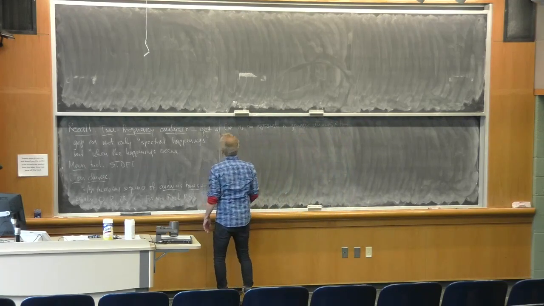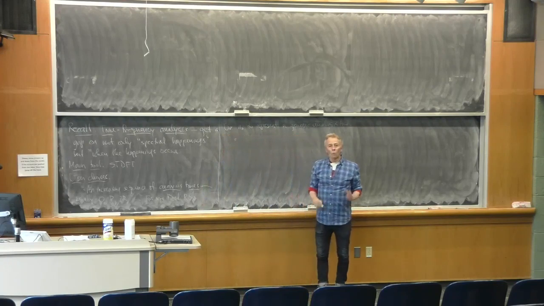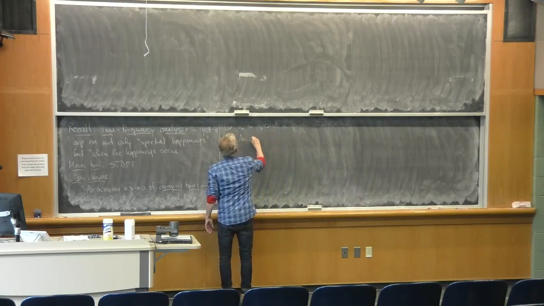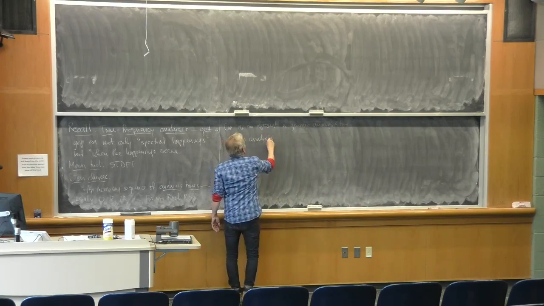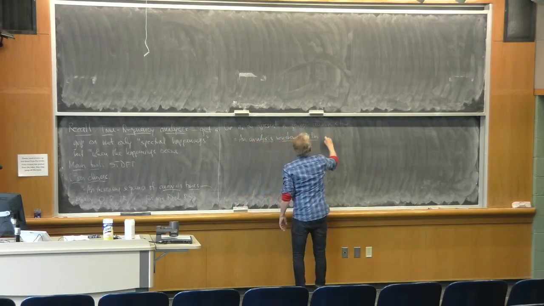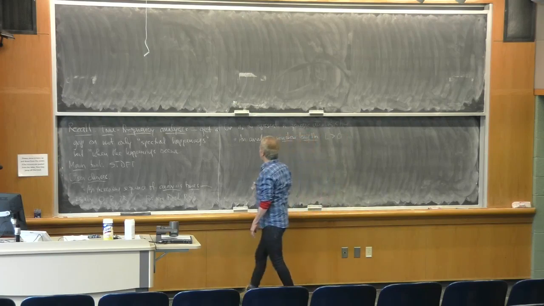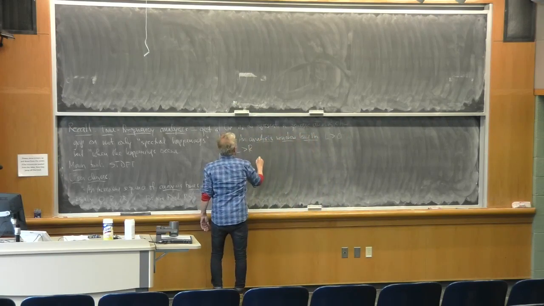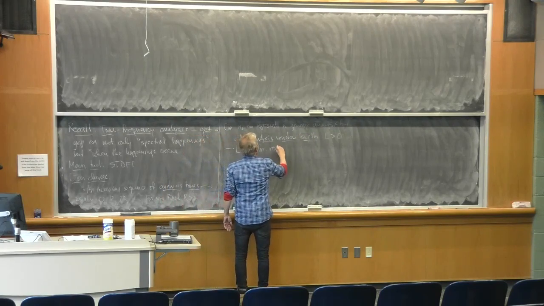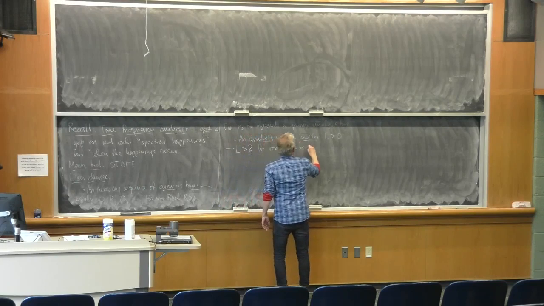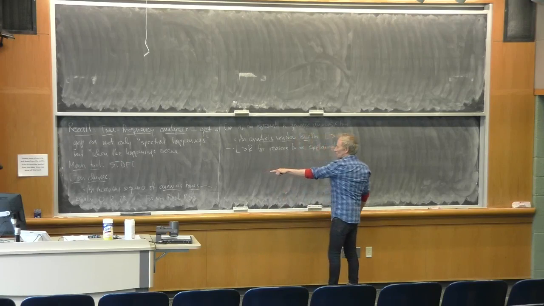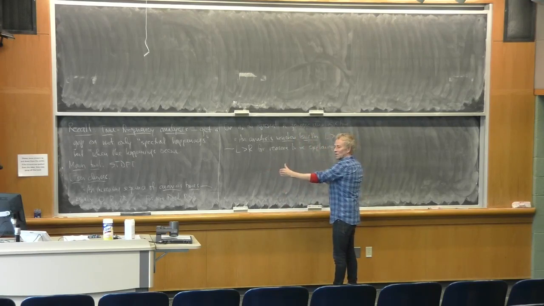Second user choice is a window length, an analysis window length, capital L, and we're going to have to choose this for reasons that will become clear in a minute. So for reasons to be explained, we need that L is bigger than R. R is the distance between consecutive analysis times.